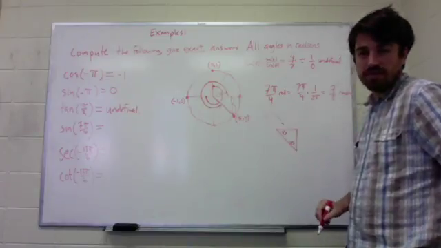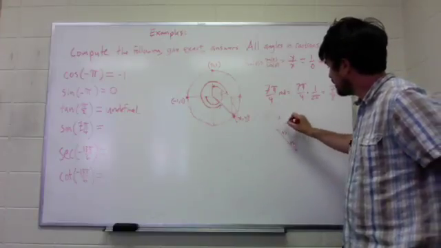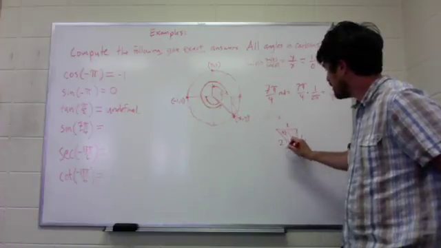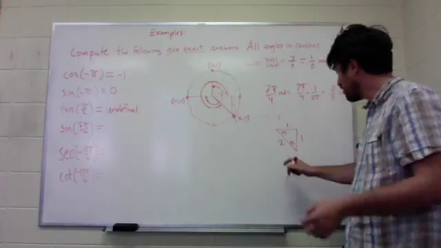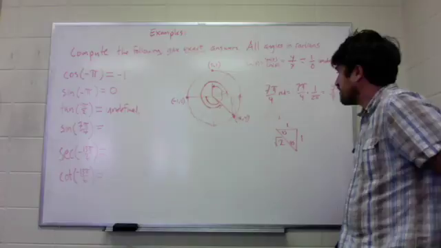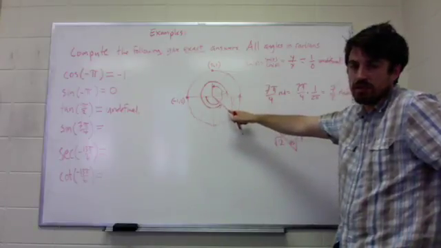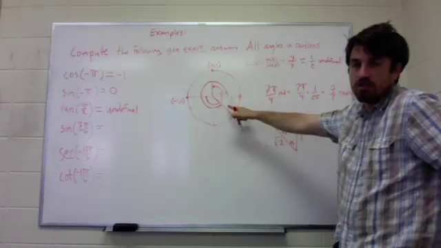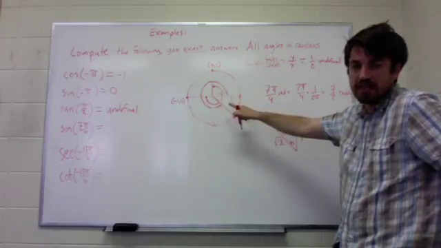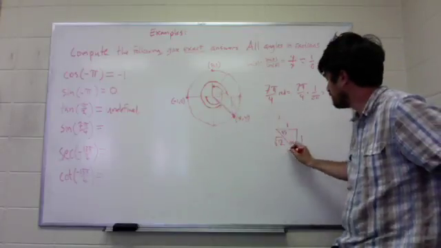Now, in the 45-45 triangle I drew, the side lengths were 1, 1, and square root of 2, excuse me. However, in this triangle that we have right here, this radius is supposed to be equal to 1. And so what I do is I shrink every side length by a factor of square root of 2. In other words, I just divide every side length by square root of 2.